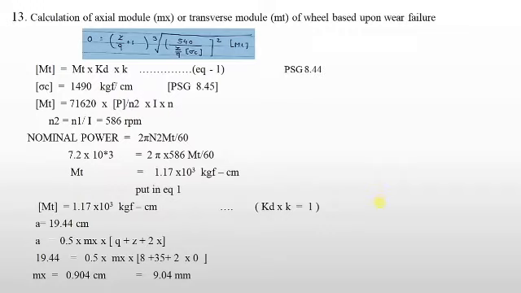A, just now we calculated, is 19.44, equal to 0.5 into mx, diameter coefficient 8, Z is equal to number of teeth, that is 35, and 2 into x. Now axial module is 0.904 centimeter, which is 9.04.